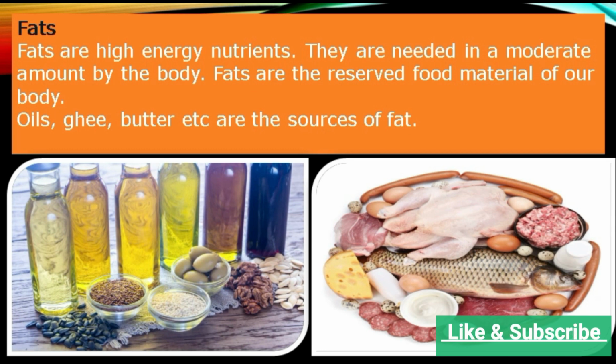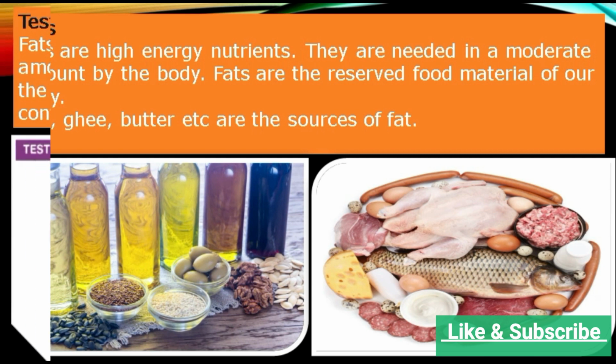The major food items that are good sources of fats, for example, oil, ghee, butter, etc. Now, likewise, protein and carbohydrate, we can also test the presence of fat in our food items. Now, let's discuss how we can test the presence of fat in our food item.